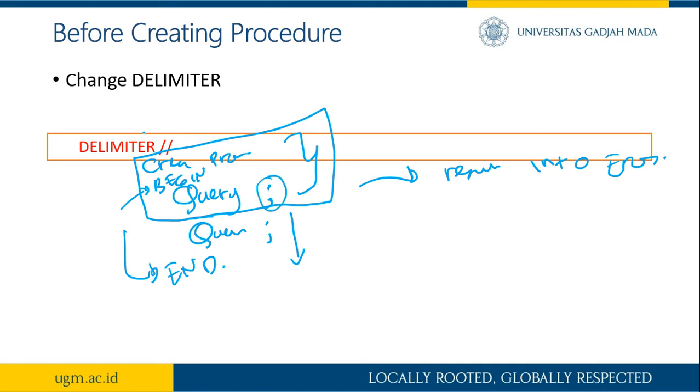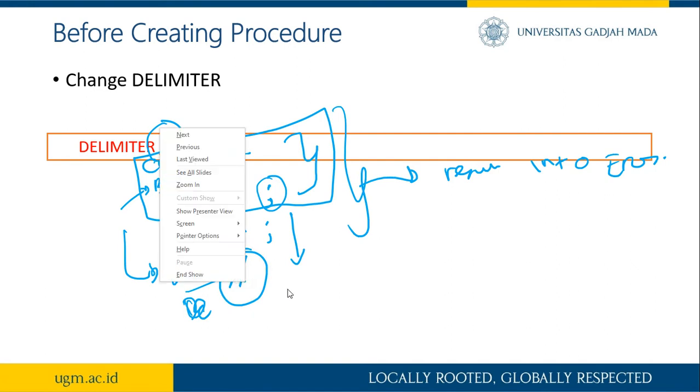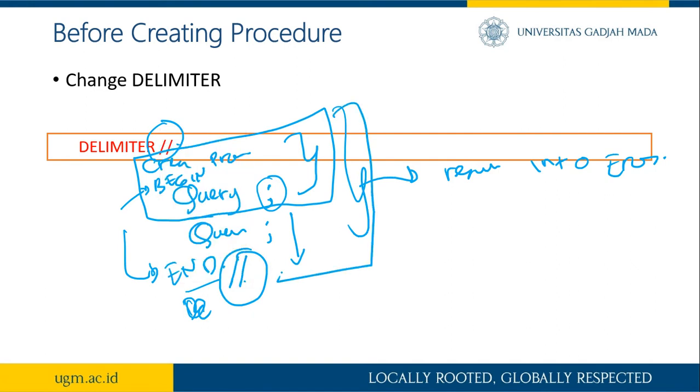So that's why you have to change the delimiter first. So the query will know that it is not really the end. After the end here, give the delimiter double slash, so SQL will know that it's already the end when it meets the double slash.